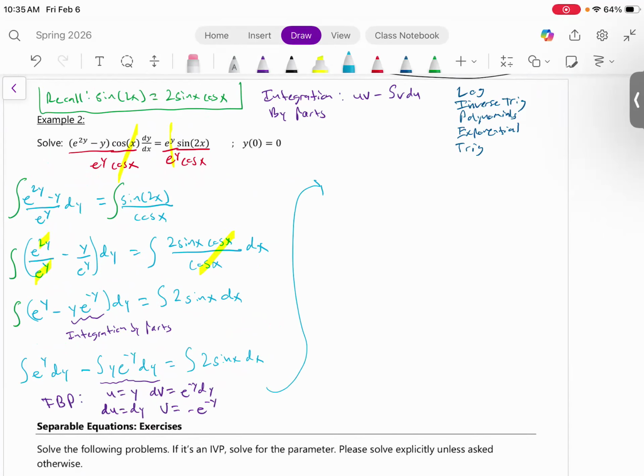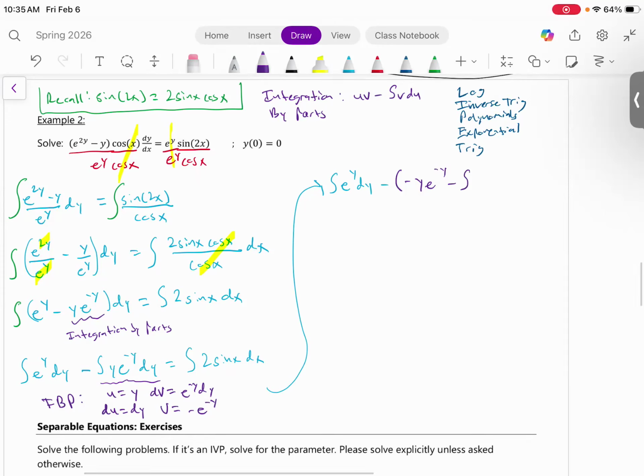And so let's bring it back up here. What I would have is the integral of e to the y dy minus my integration by parts, negative y e to the negative y minus the integral of negative e to the negative y dy. Got to be careful with all those negatives. Equals the integral of 2 sine x dx.